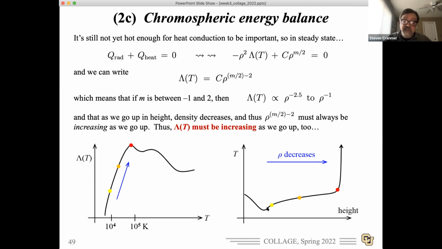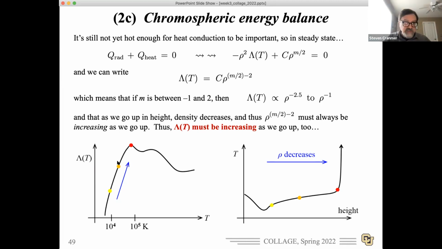So the fact that the temperature is a slowly increasing function of height is basically a reflection of the fact that this left-hand part of the cooling function is very rapidly increasing as a function of temperature, right? If you go up several scale heights and the density drops by an order of magnitude, then lambda is going to increase by an order of magnitude. But because it's so steep, the temperature just increases a little bit.